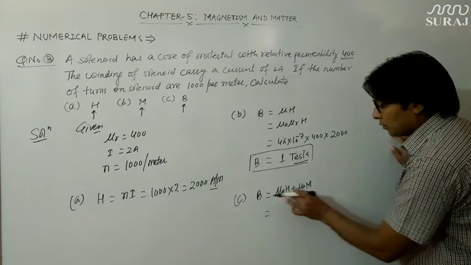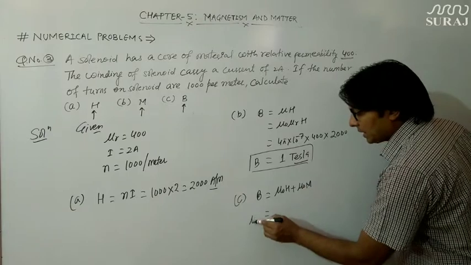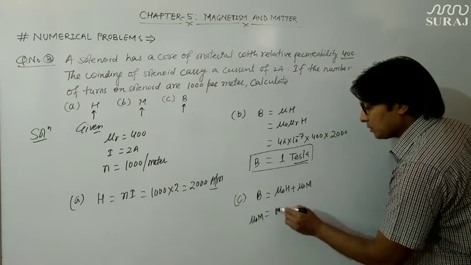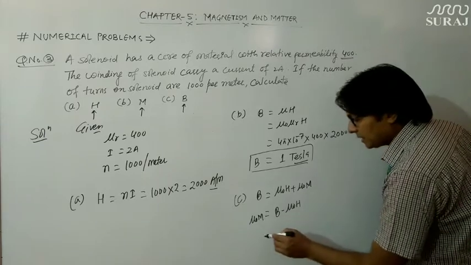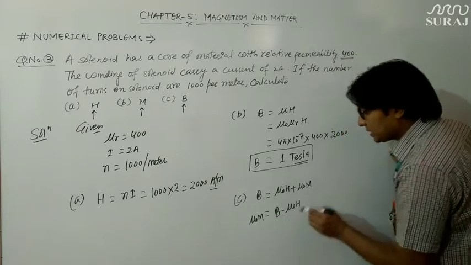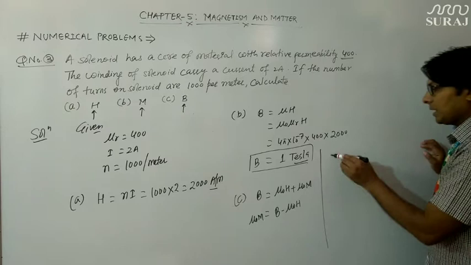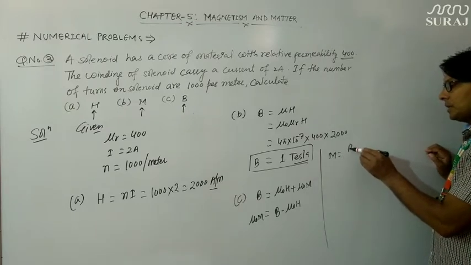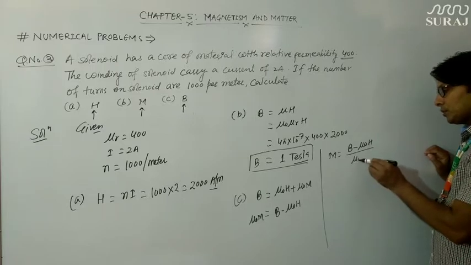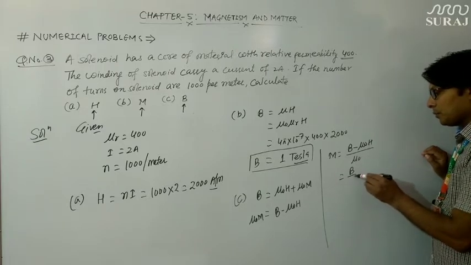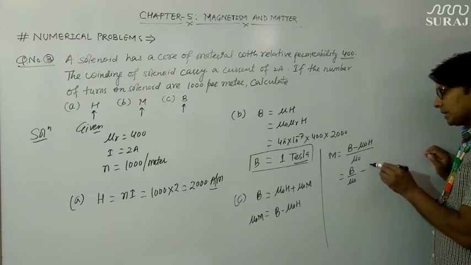So mu 0 M can be written as mu 0 M is equal to B minus mu 0 H, and if I divide this whole equation by mu 0 on both sides, it comes out to be M is equal to B minus mu 0 H upon mu 0. It becomes B upon mu 0 minus H.